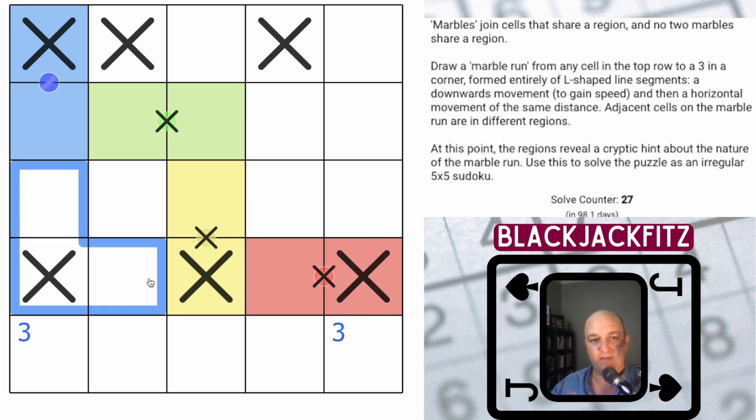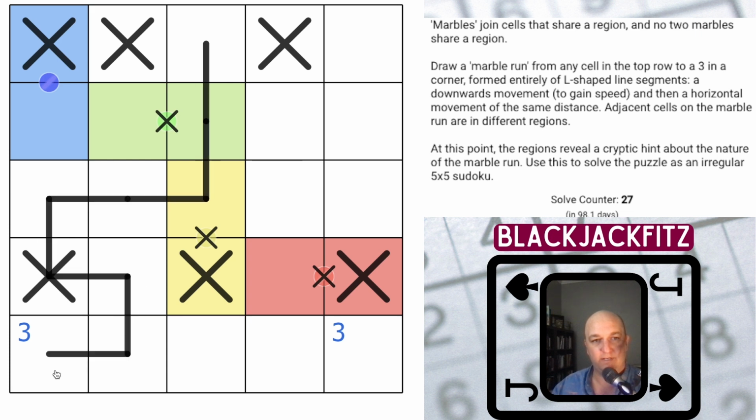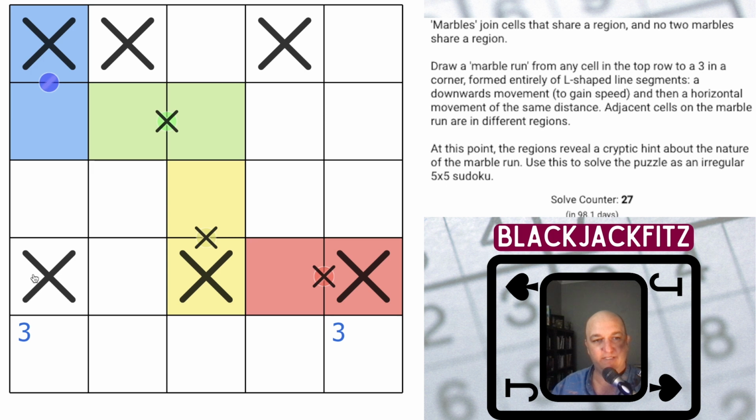I think it could do that and then down. Like the line could go, I imagine, like this. Like that, I think, is all L's, right? So that's an L, that's an L, and then that's an L. So that doesn't mean it's not visiting there, but it means it's not dropping from there.